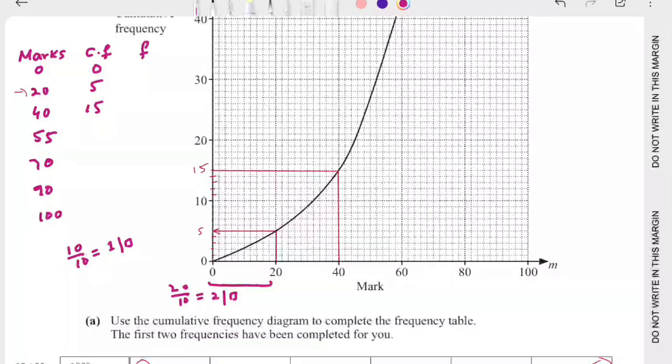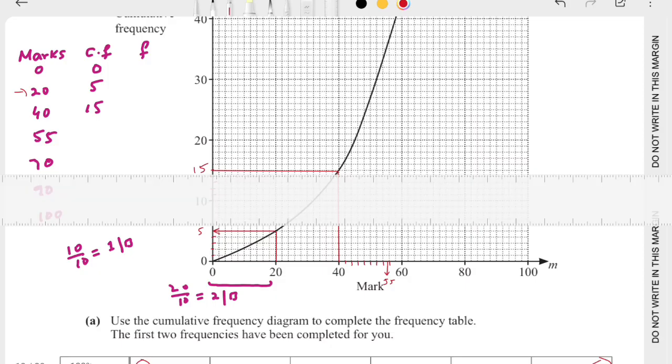In the same way we are going to find for 55 as well. So this is 42, 44, 46, 48, 50, 52, 54, 56 and 55 would be here in the middle of 54 and 56. Now we have to find out the value with the help of the graph.